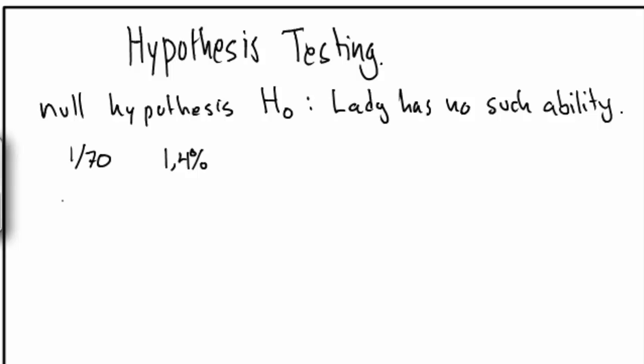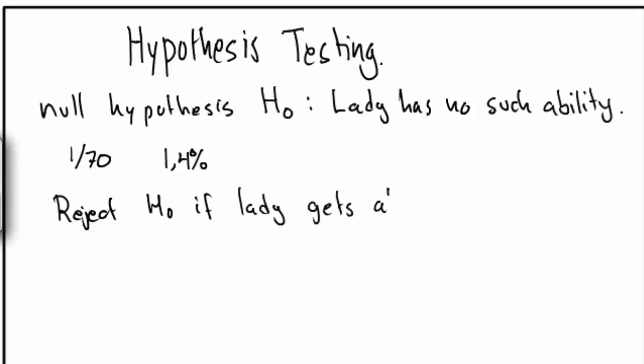So Fisher decided to reject this null hypothesis if the lady gets all 4 cups correct. And the basis for this is that there's only a 1.4% probability that you would get all 4 cups correct if you were just guessing.